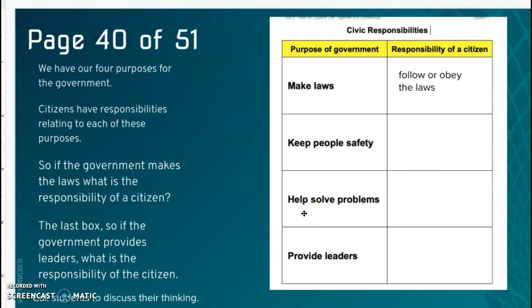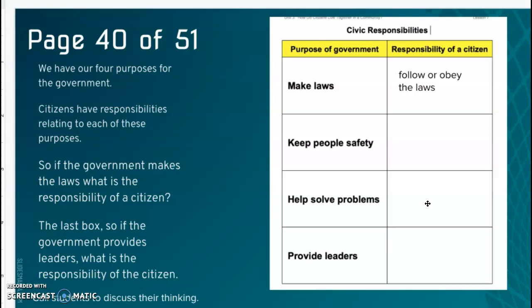Over here, the government helps to solve problems. So as a good citizen, what is it that you could do to help solve problems? One way is to volunteer at a shelter, or if you see a homeless person on the street, to give them money or donate food.